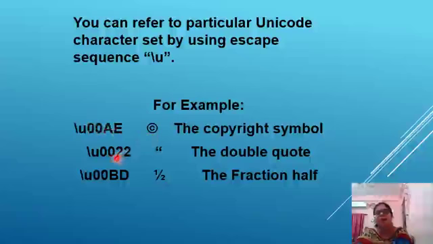And if we write \u0022 with the escape sequence, then it means a double quote. And in Unicode, if we write the escape sequence \u00BD, then it means the fraction half.